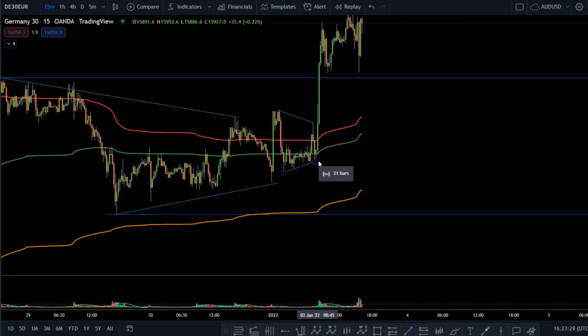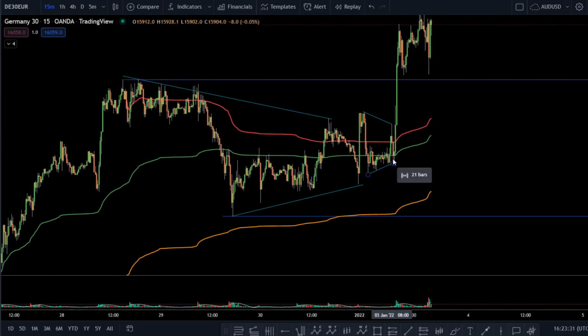But the essential thing about this is that it also correlates with it bouncing off this VWAP and breaking above this VWAP, which shows you the strength of the sellers.